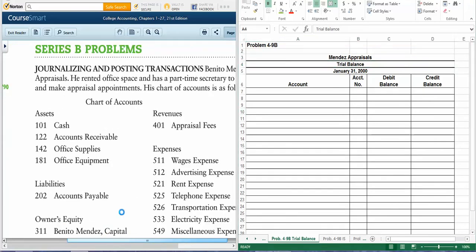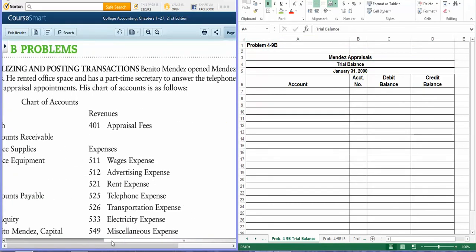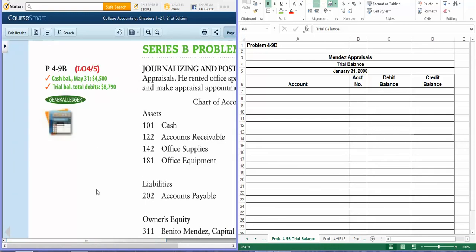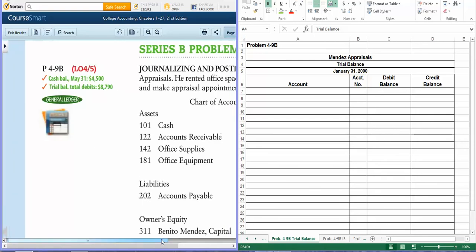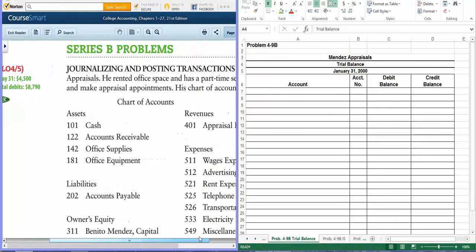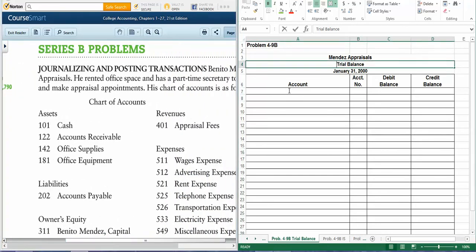So what we're going to do is take the accounts from the chart of accounts, and list them in the trial balance. So that part is already done for us. So we're just going to go down like we did before.